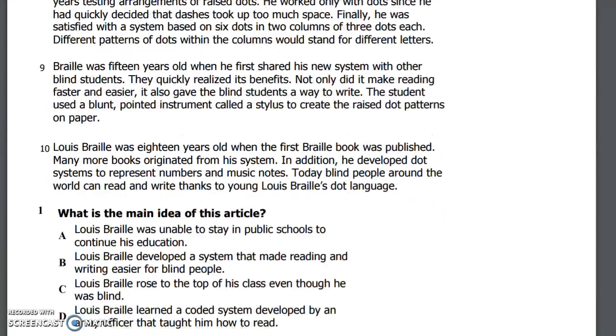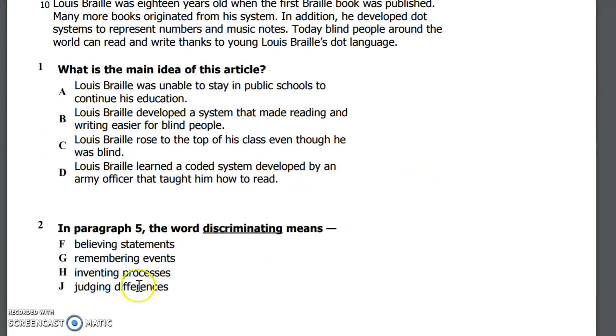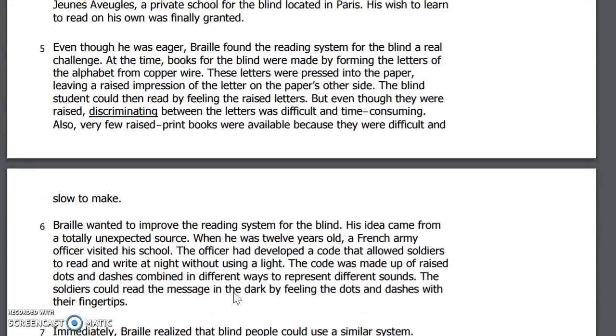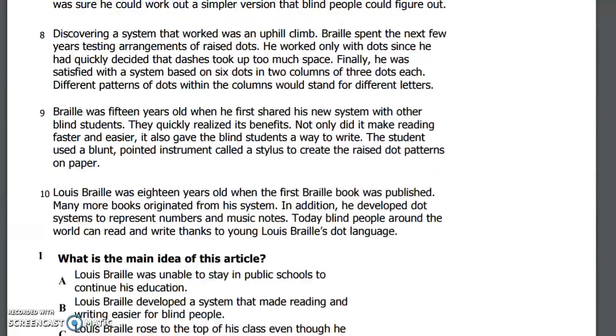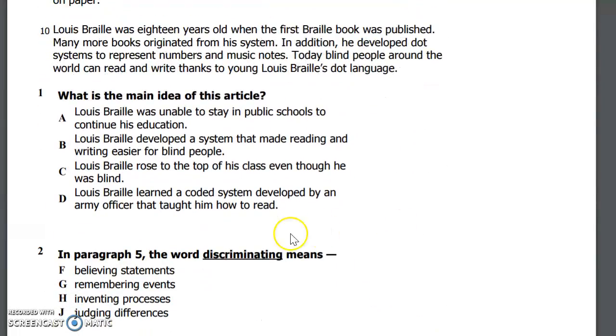So this one wouldn't really make sense either because he's not judging the differences. What he's really doing is trying to figure out reading based on feeling the letters. Even though they were raised, he wasn't judging the differences between the letters at all. Really, what he was doing there was he was remembering what was going on between the letter and then that raised up part.